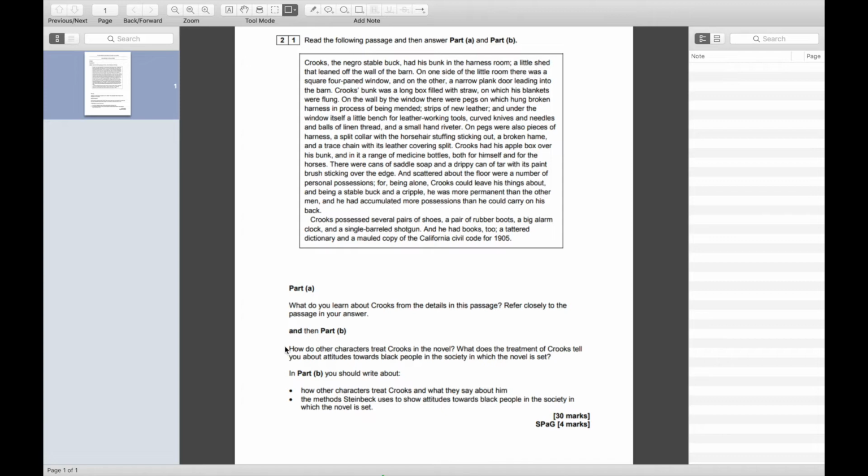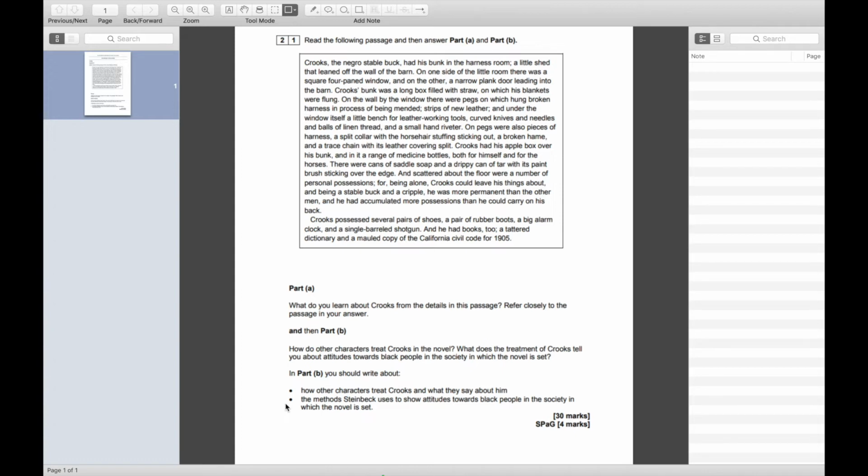In part B, you should write about how other characters treat Crooks and what they say about him, and the methods Steinbeck uses to show attitudes towards black people in the society in which the novel is set.